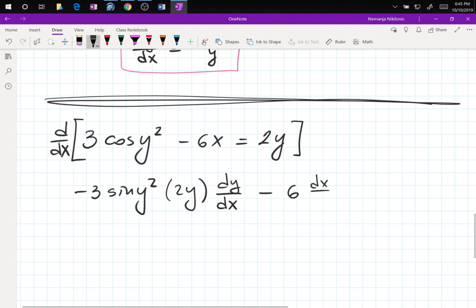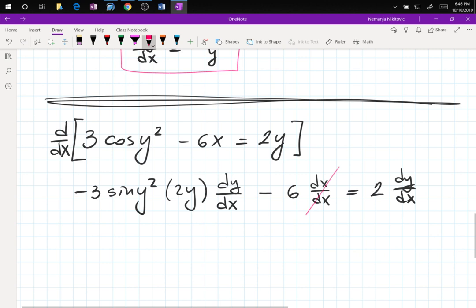I took the derivative of x in respect to x equals 2. And then you have again dy dx on the other side because you took the derivative of y in respect to x, and that will not cancel. So now all I need to do is massage this with algebra a little bit to get dy dx alone, and all of the rest of the garbage goes on the right.